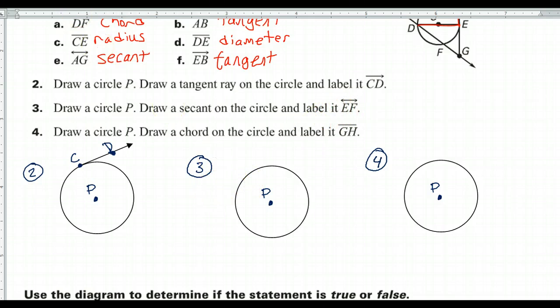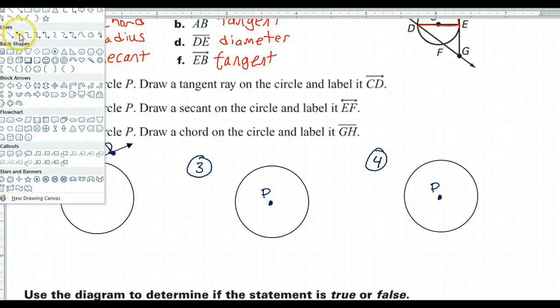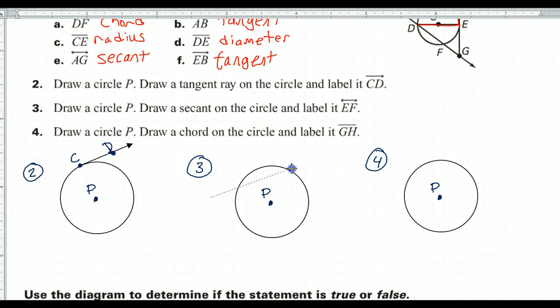So a secant is just going to be a line passing through the circle, something like this, okay, would be a secant. And so if I want to, there's more than one way to do this, but this could be E and this could be F, and that would make this line EF.